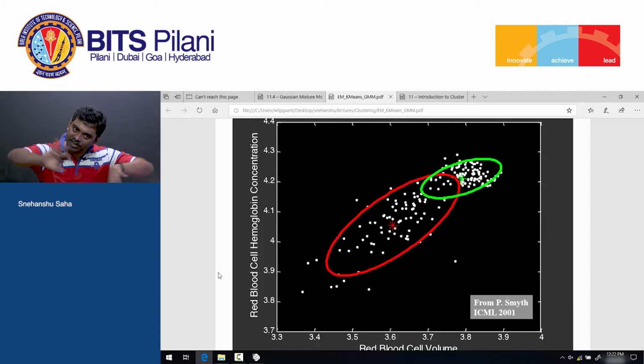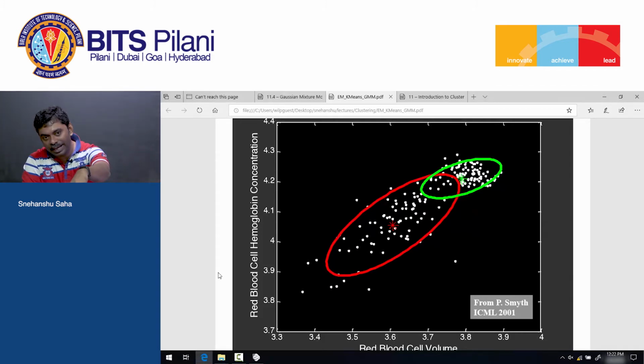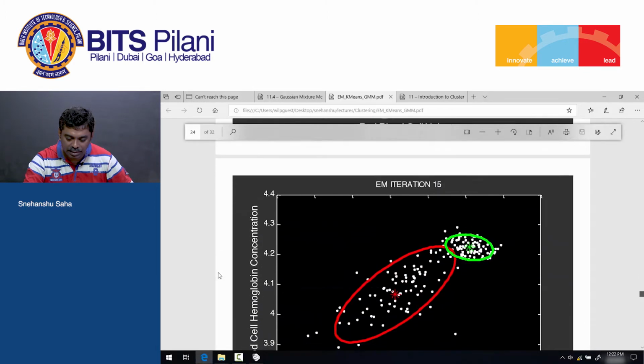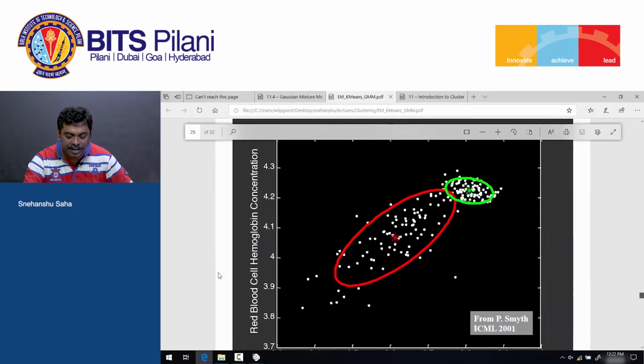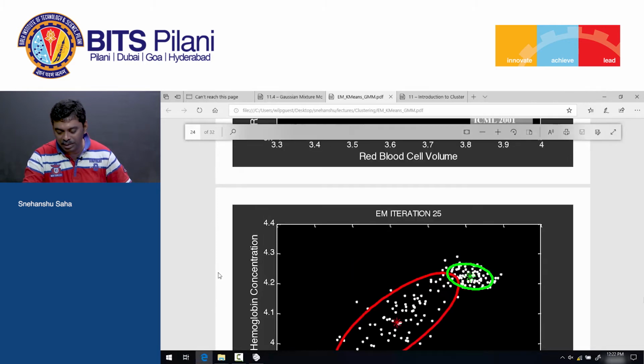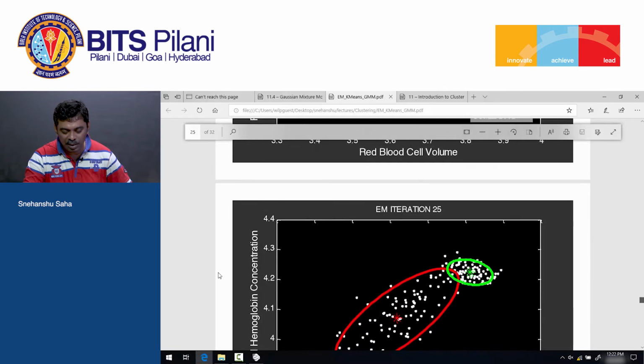So you would want to shift the green cluster towards the densely populated healthy patients and the red cluster to the sparsely populated anemic patients. Then we keep on doing this. Now at iteration number 15, we are seeing much better results, right? We see that the healthy patients are here, the anemic patients are here, and probably if we keep on doing this, we are not going to see too much improvement.